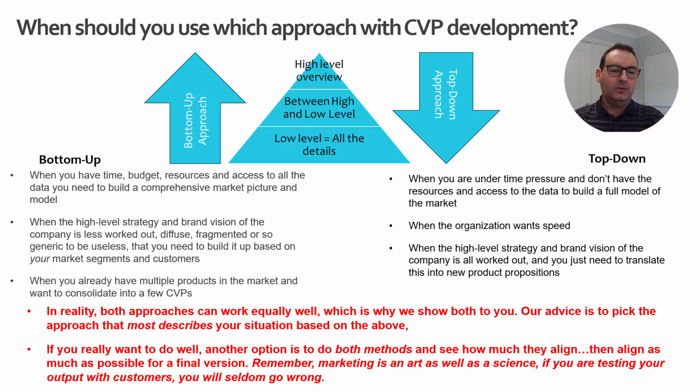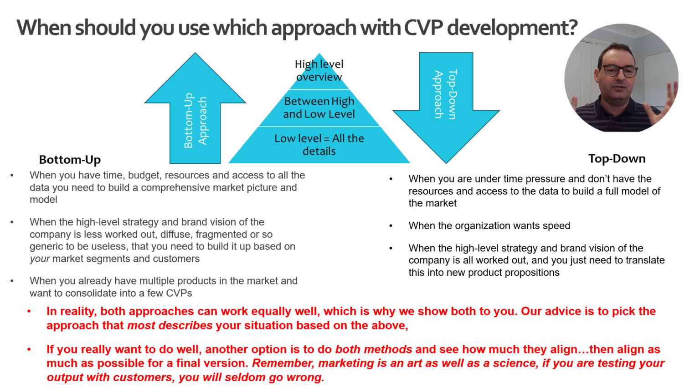Also, use it when the high-level strategy and brand vision is less worked out, when it's diffuse, fragmented, or so generic as to be useless, so that you need to build it up based on your segments and customers. So remember I said earlier, if you work bottom up, the high-level overview emerges out of the data.